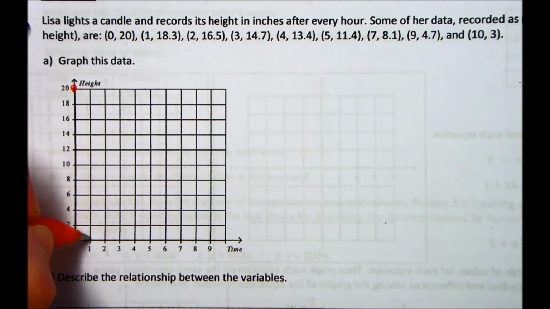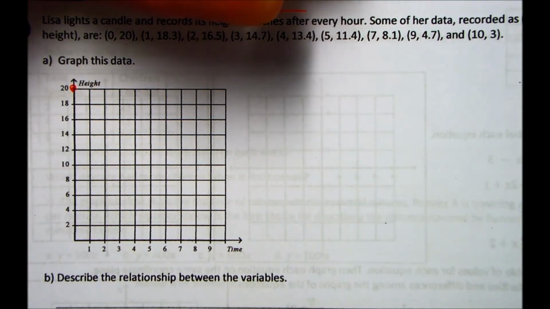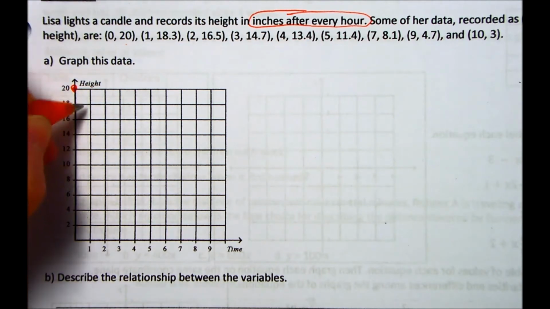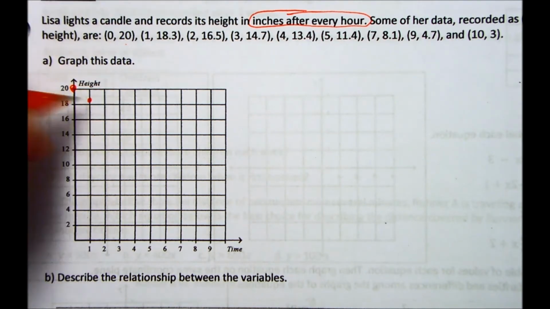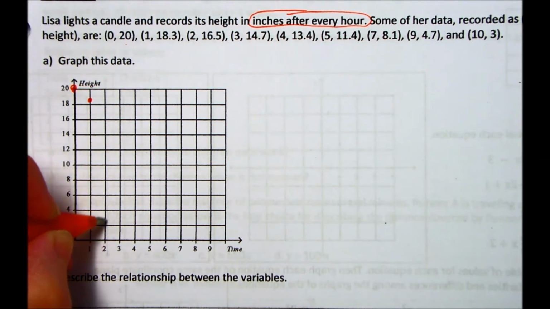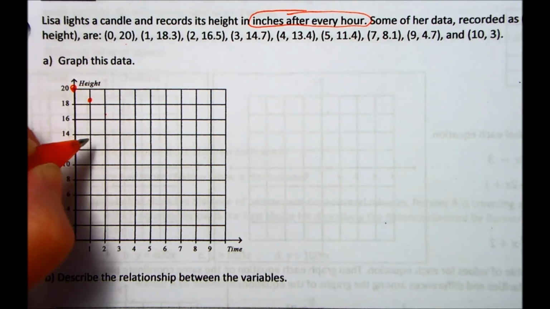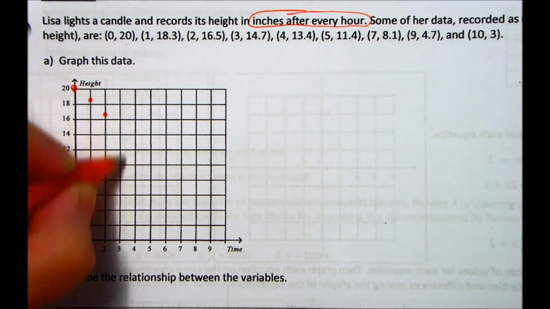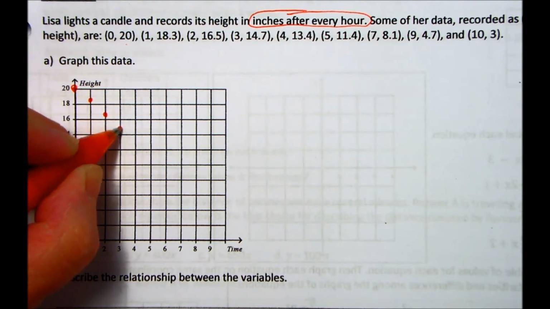After one, and these are hours? Yes, hours. So after 1 hour, yeah, every hour. So after 1 hour, now we have 18.3 inches. After 2 hours, it's 16.5 inches. After 3 hours, it's 14.7.